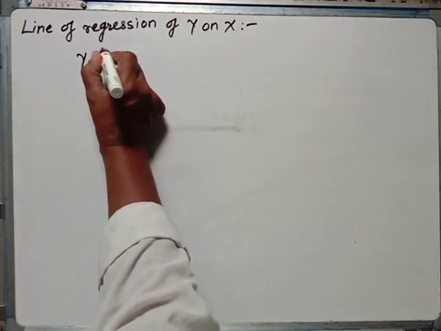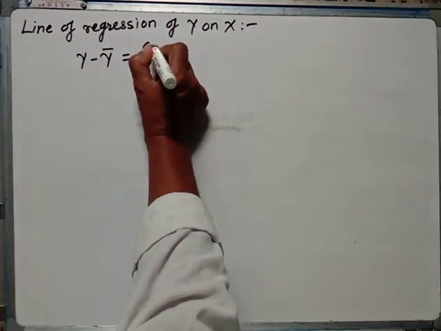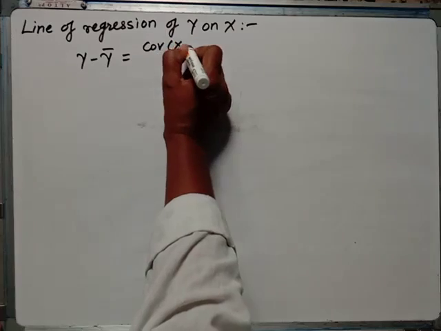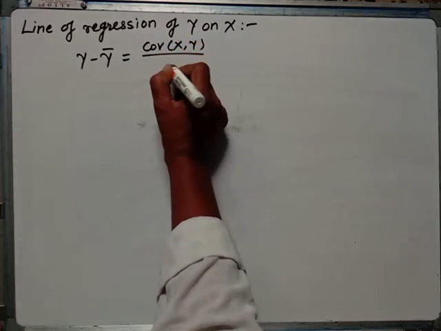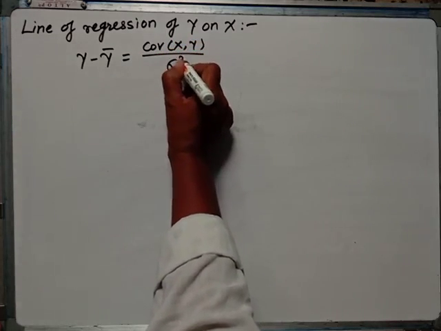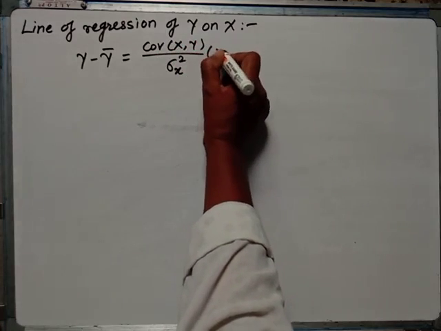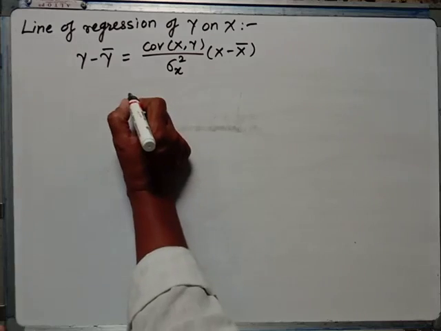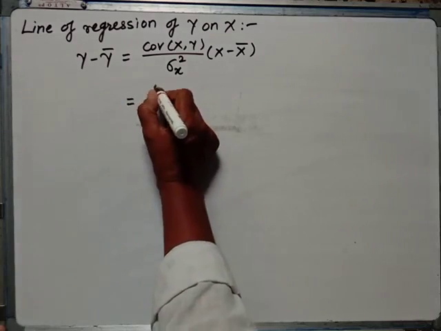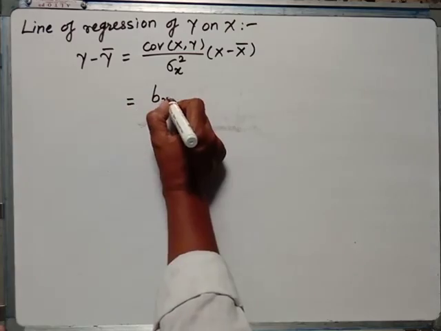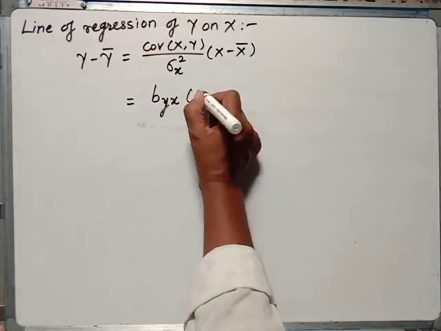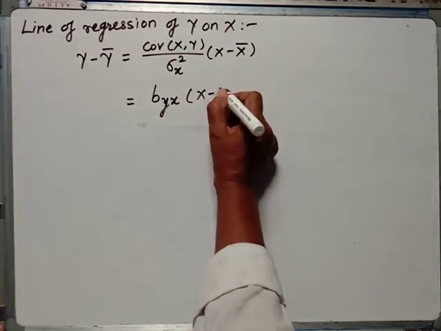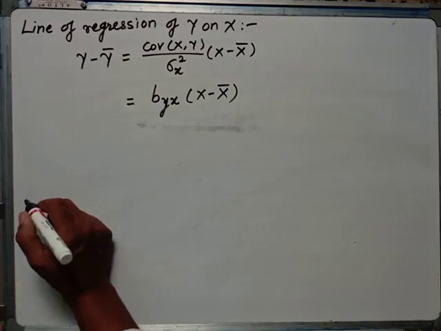Y minus y bar equal to covariance between x and y upon sigma x square into x minus x bar. It is written as such. That is equivalent to, this is nothing but byx into x minus x bar.